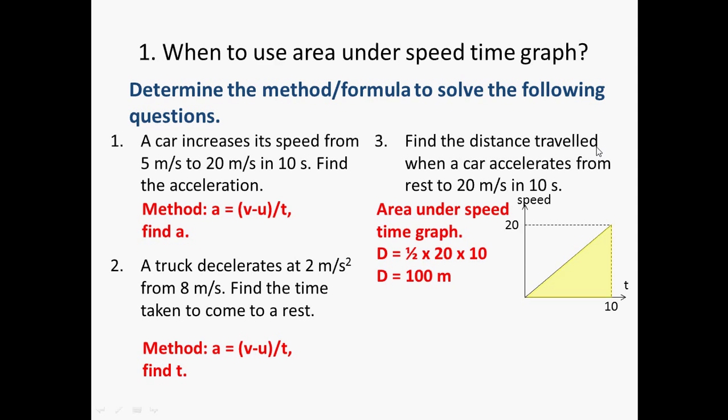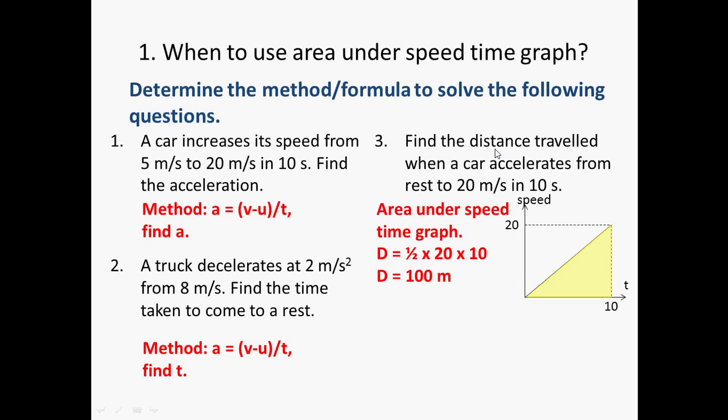If you are watchful enough, you'll realize that in the first two questions, the questions only revolve around velocity, time, and acceleration. But in the third question, there is a fourth factor, which is distance.